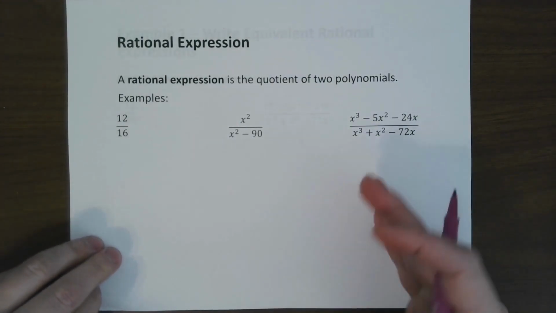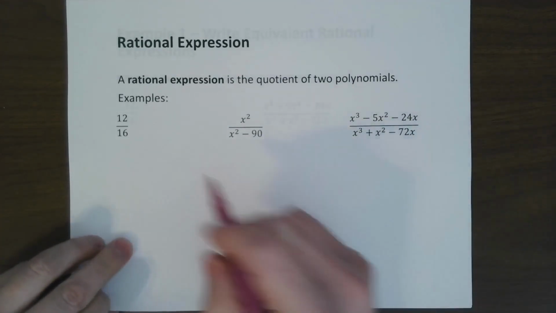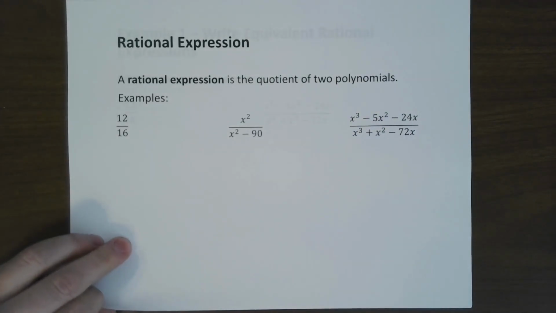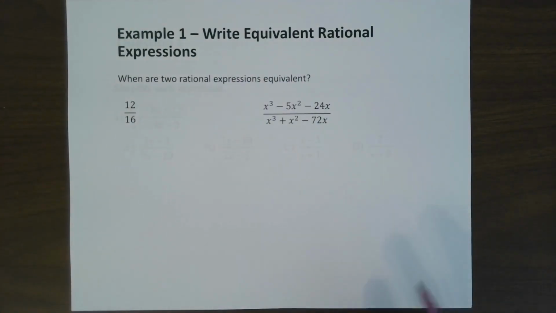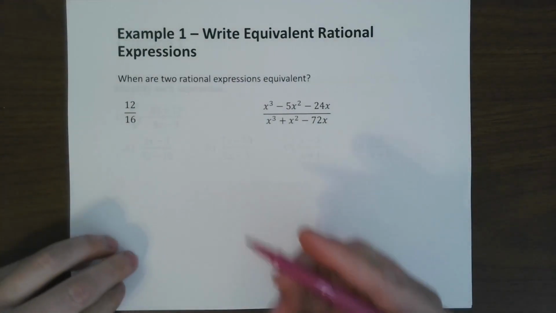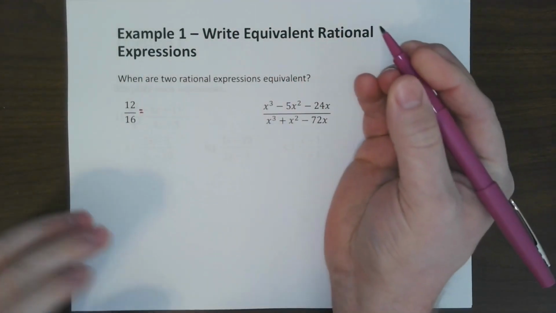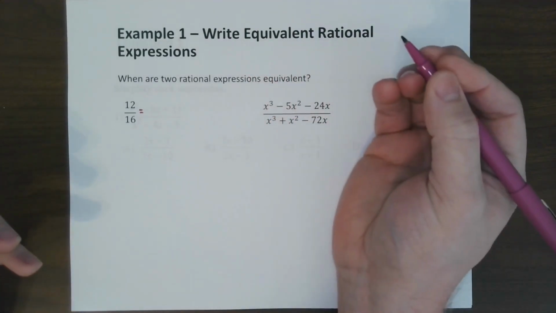So, with fractions, we can get equivalent expressions. For example, this can be reduced, if you will. So, how do we do that? Well, 12 over 16 we know is basically 3/4.